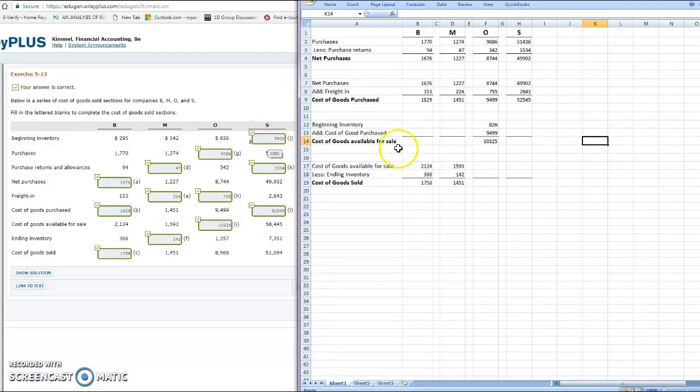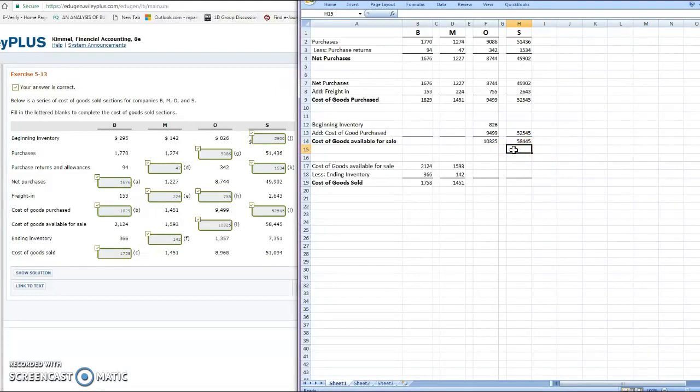Now, because we have our cost of goods purchased now, we can go ahead and get the figure for our beginning inventory. So our cost of goods purchased is $52,545. Our cost of goods available for sale are $58,445.